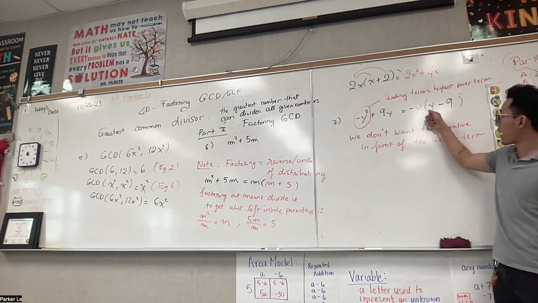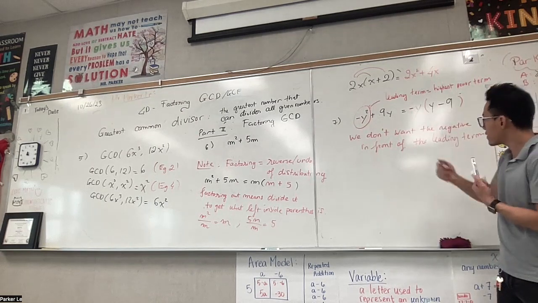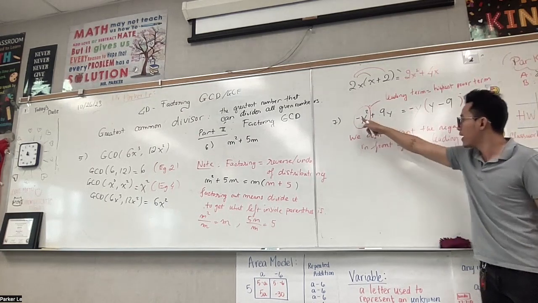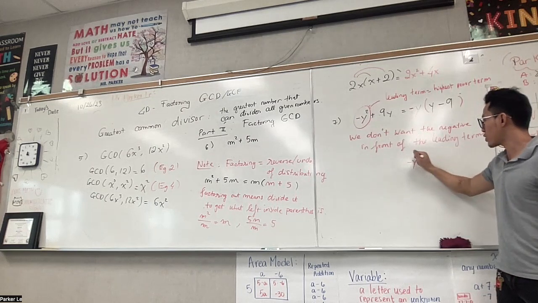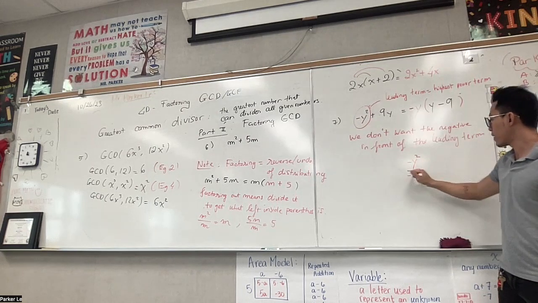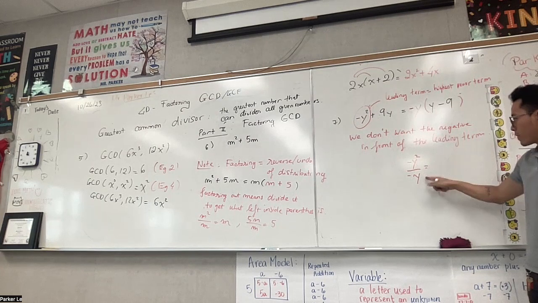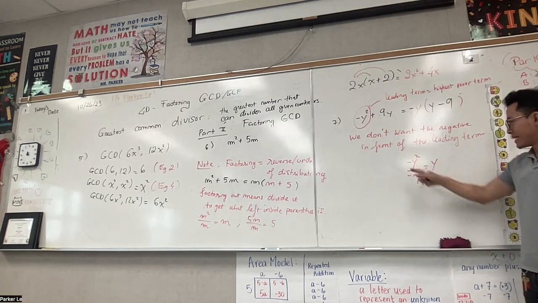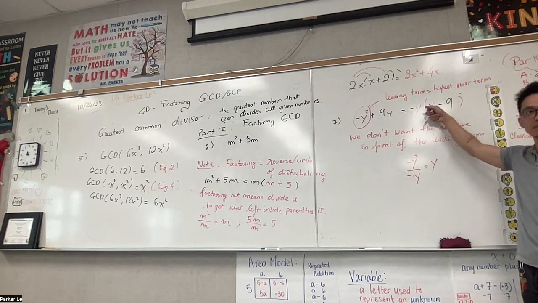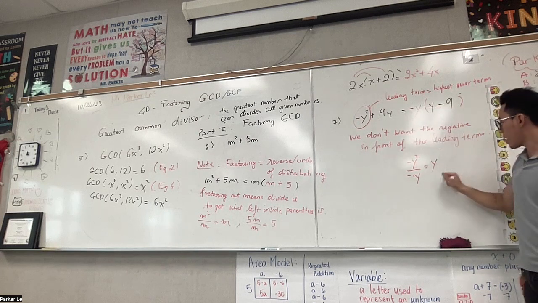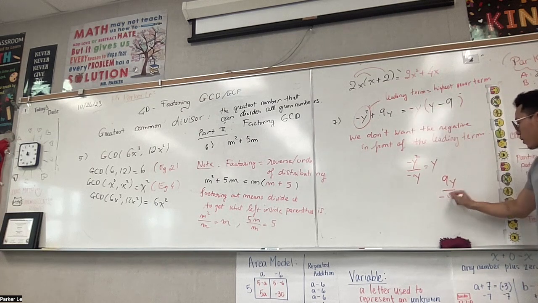And when you take them out, how do I get this? If you do it slowly one by one, originally I have negative y squared. I took out a negative y. So y squared divided by y is y, right? Negative and negative is positive. And then 9y, I took out negative y.